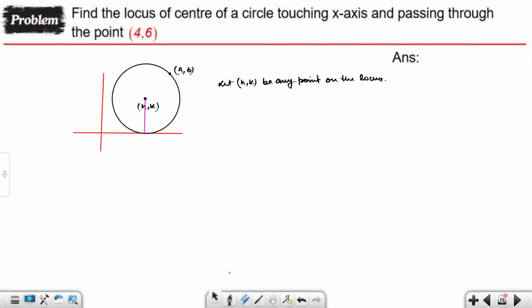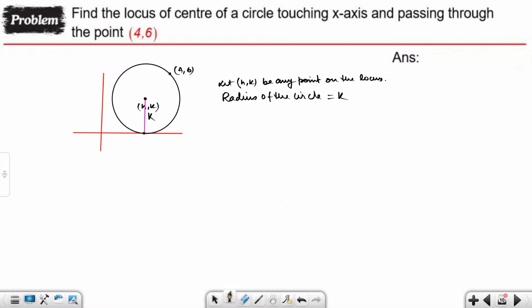If we are having a tangent to a particular point on the circle, we call that point a point of contact. So if we join this point to the center, this length is basically k, which is nothing but the radius of the circle.